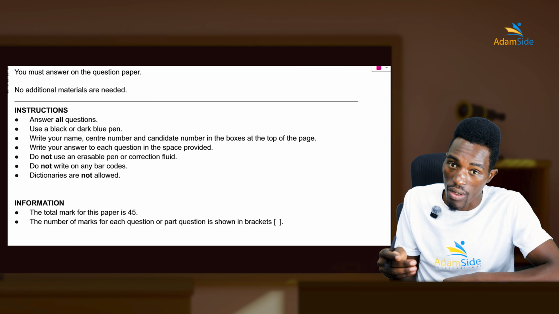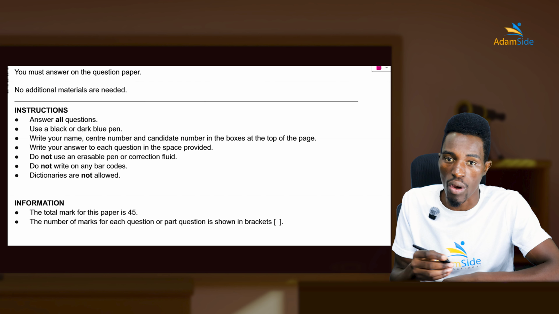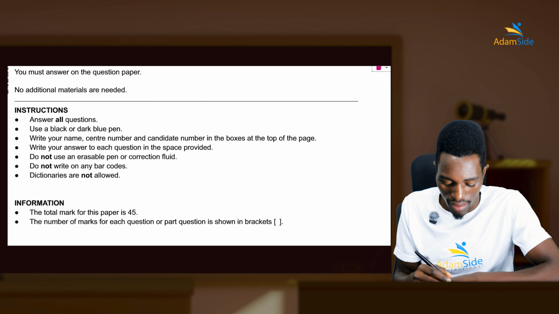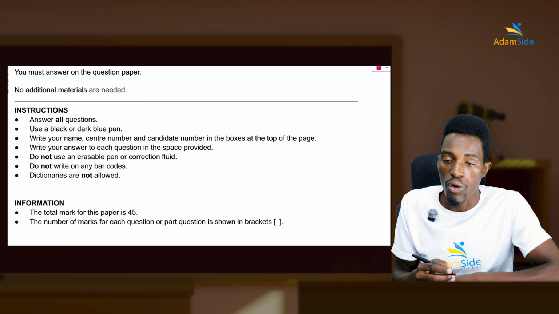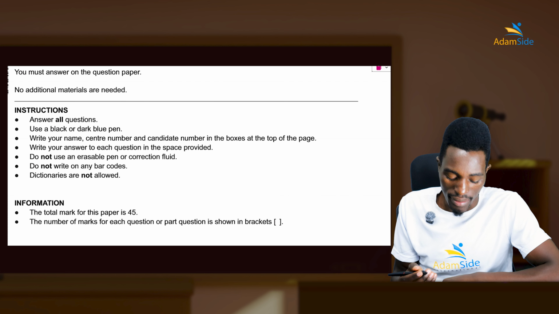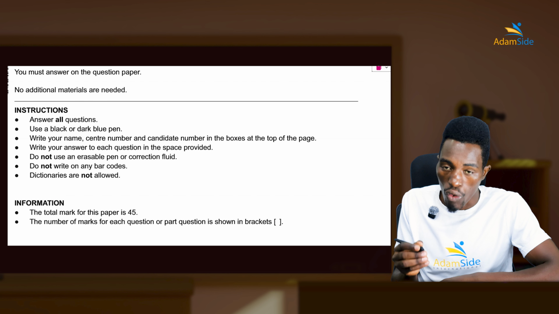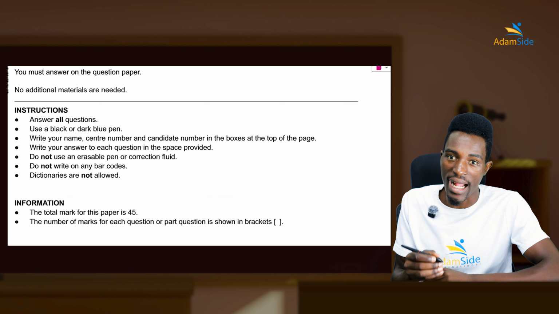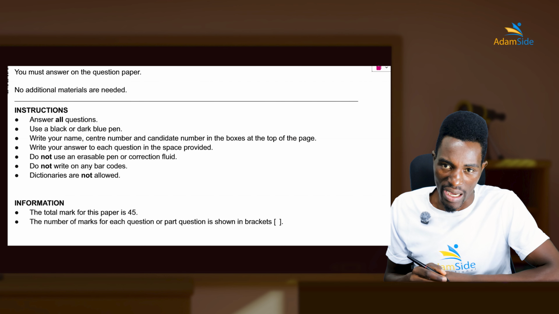In the exam, you will have the space where you have to write your answers. Do not use an eraser pen or correction fluid. Another one is do not write on bar codes. And the last instruction, because this is a language exam: dictionaries are not allowed.